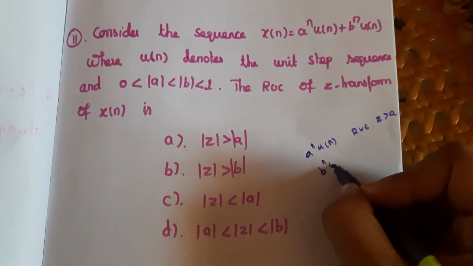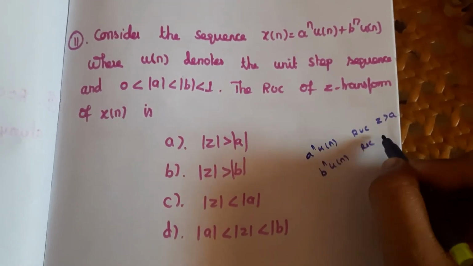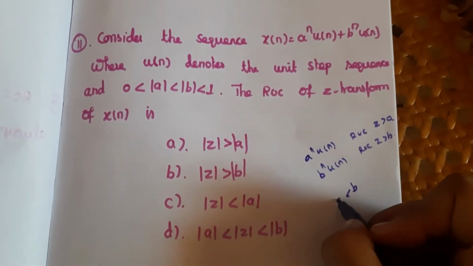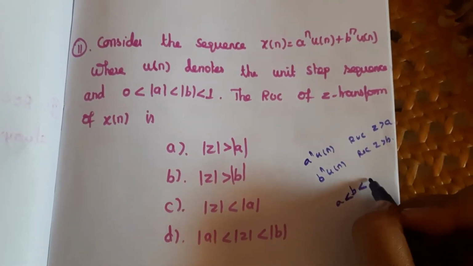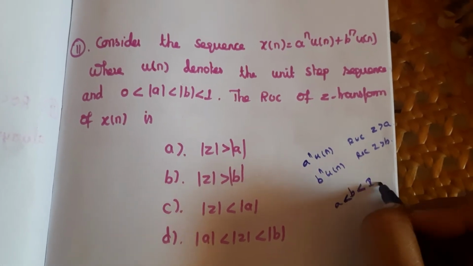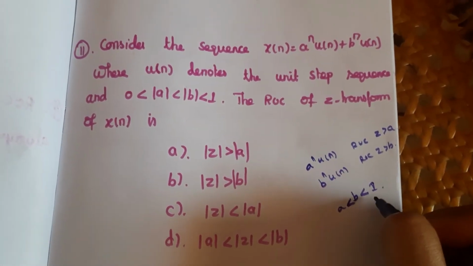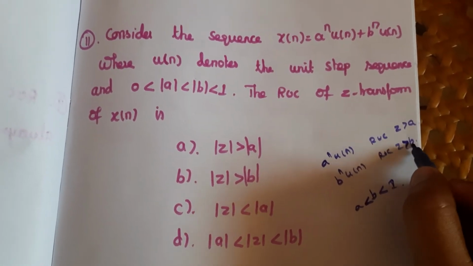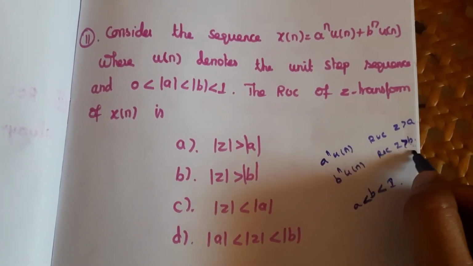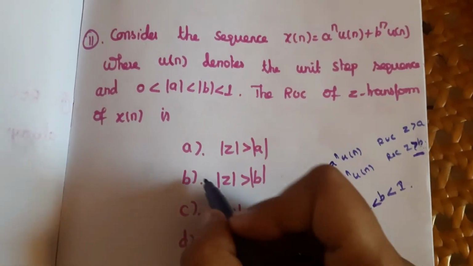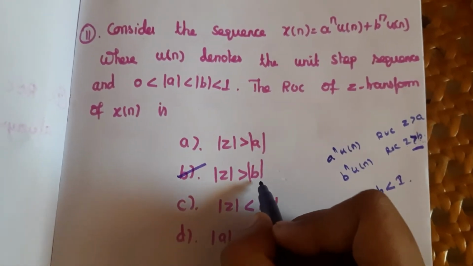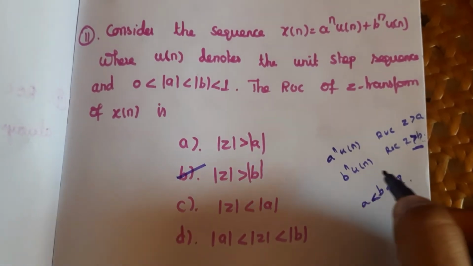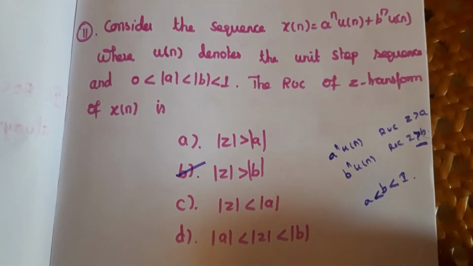Similarly, for b power n u of n, the ROC is Z greater than b. But here the condition is b greater than a and less than 1. So the ROC satisfying this condition is Z greater than b, because a is less than b. So the answer is B, Z greater than b.